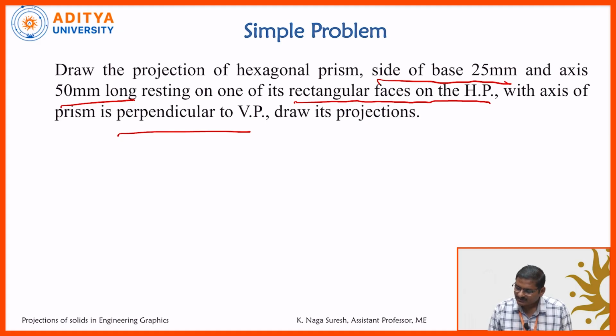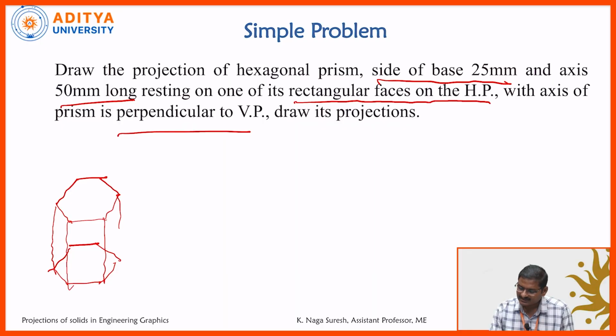So, the hexagonal prism means, hexagon means 6 sides. The prism means there is a top plane and a bottom plane, and the plane corner points are connected with vertical edges.